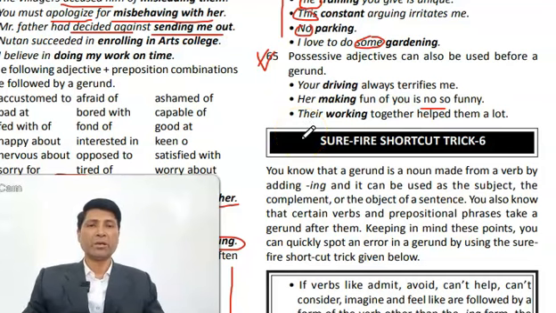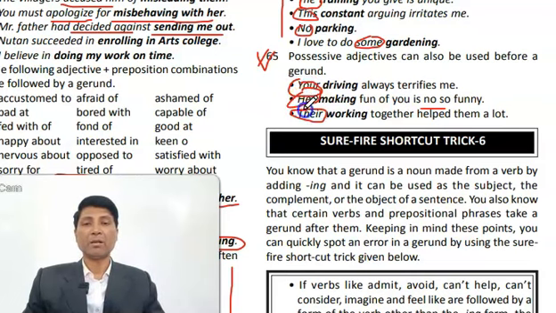Their working together helps them a lot. So in each of these examples you can see possessive adjectives like her, your, and their have been used. So these rules show that even possessive adjectives can be used before gerunds.